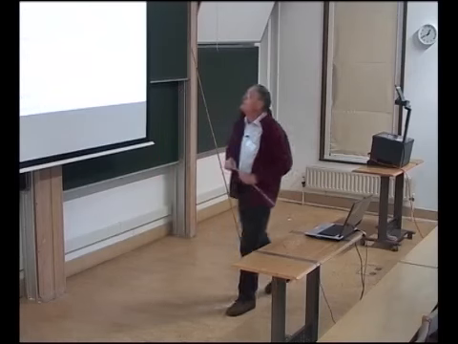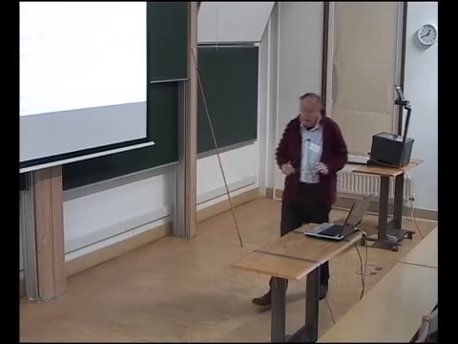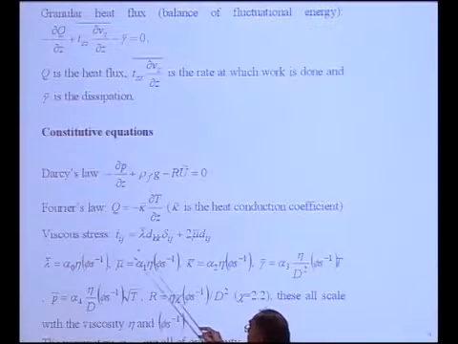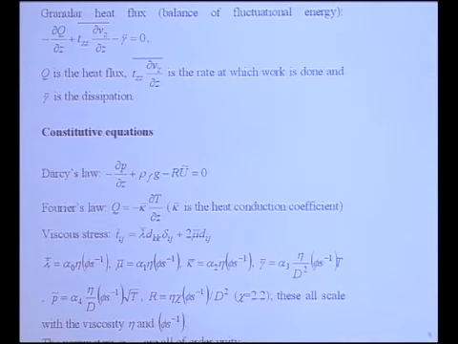I'll talk about that a little bit later. Feel a little bit uneasy about it, and you'll see why I feel uneasy about it. Right? But that is the formulation that is put forward in that theory. These are the two balance equations.